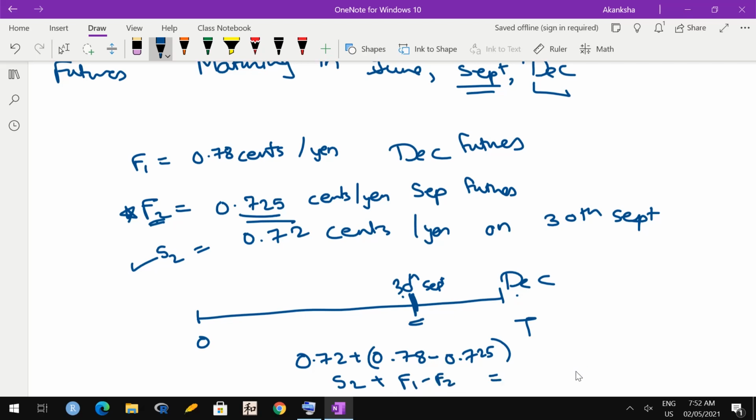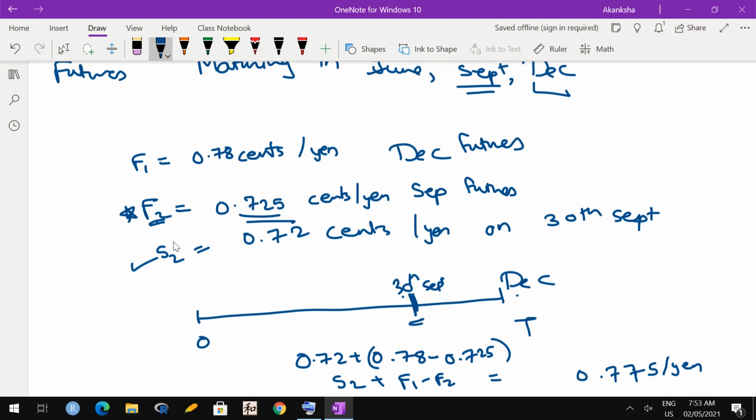This turns out to be I think 0.775 per yen. So this is the effective rate that they got, and you can see that this rate is higher than what they got in the market. I was telling you why people want to do these kinds of things, enter into a contract, then enter into a reverse contract.